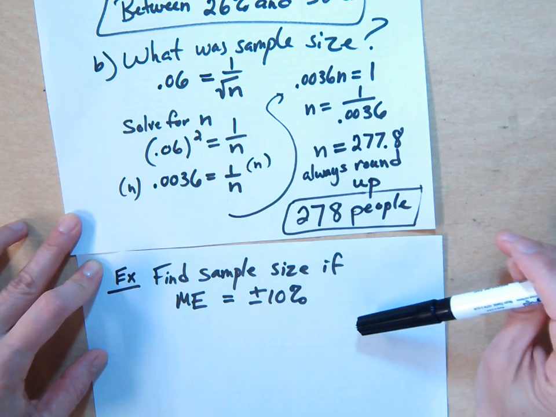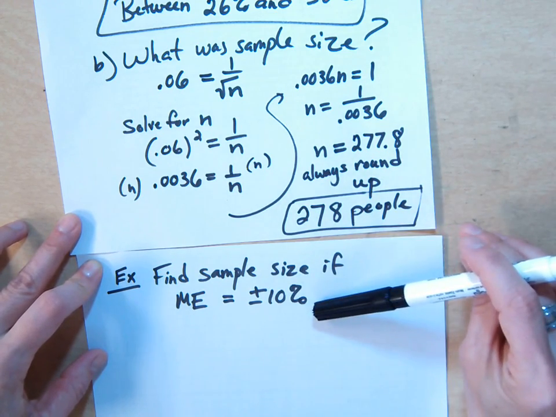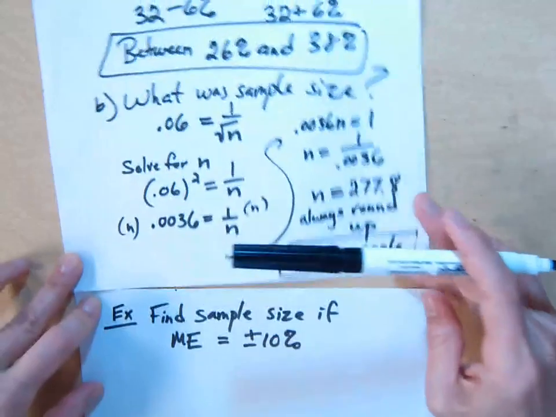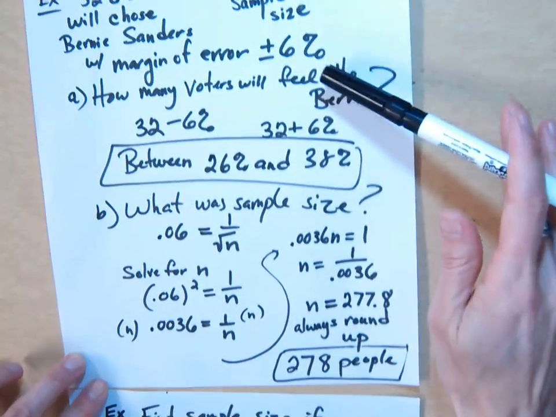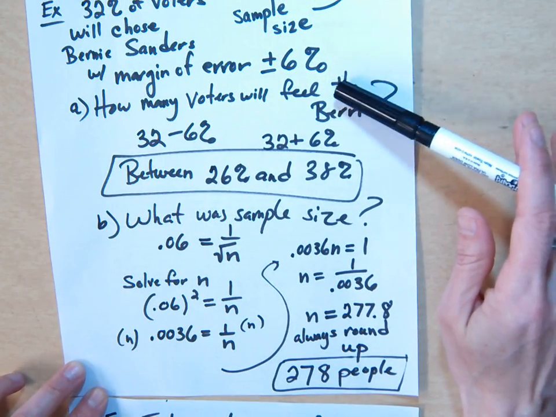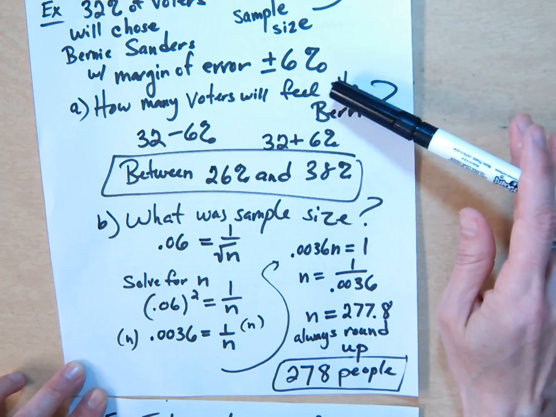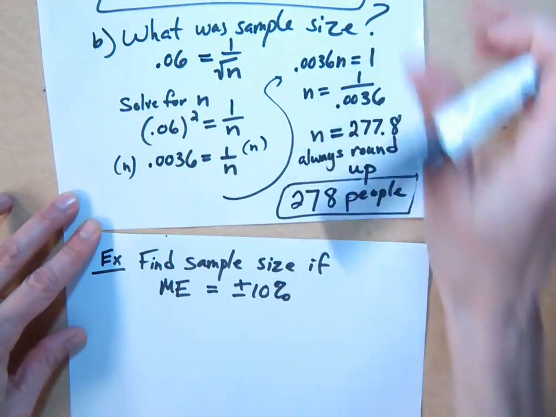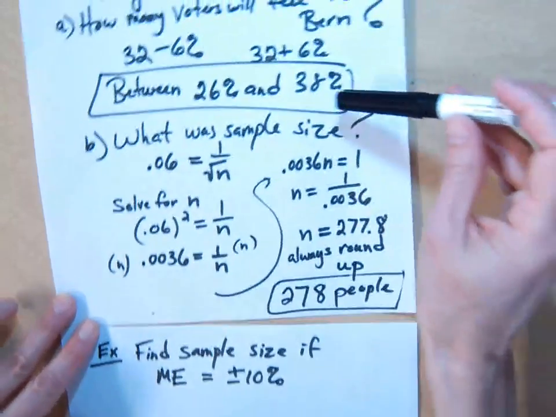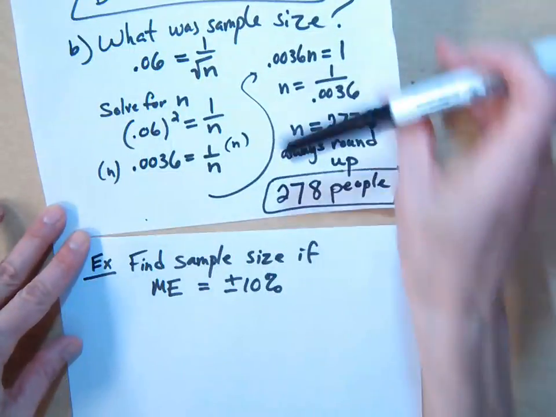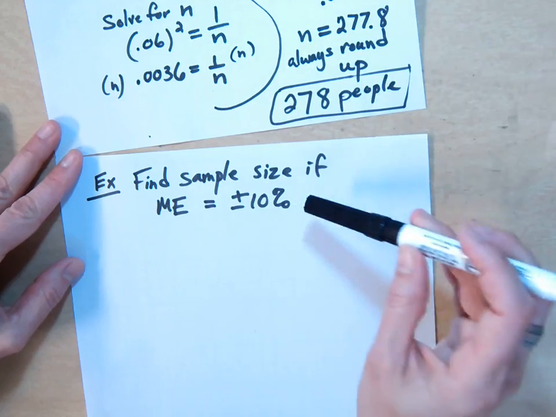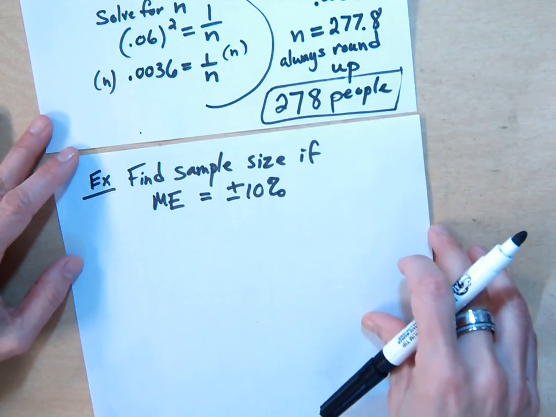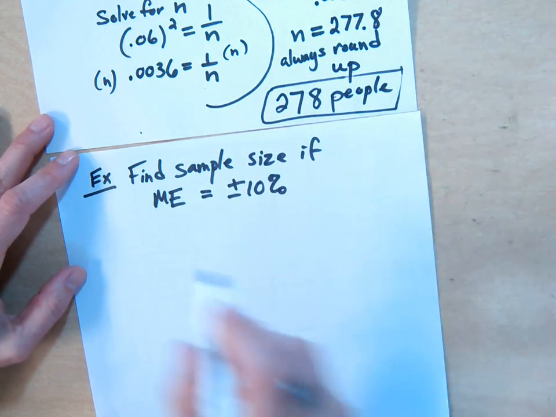So plus or minus 10% is not better. Plus or minus 6% was a better margin of error, right? You want the smallest margin of error you can get, and the way you're going to do that is increasing your sample size. So the last problem we did, we had a margin of error of 6%, and our sample size was 278. You solve for a margin of error of 10%. So go ahead and do that.